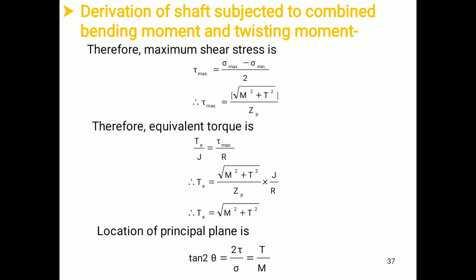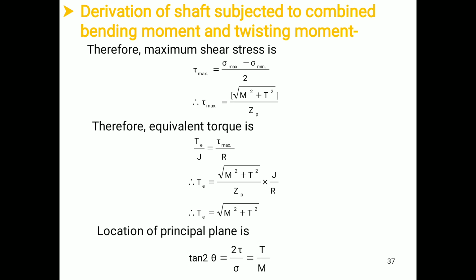Now for such a case, we are going to find the location of the principal plane, which is a direction. It can be given by tan of 2 theta equal to 2 tau upon sigma.